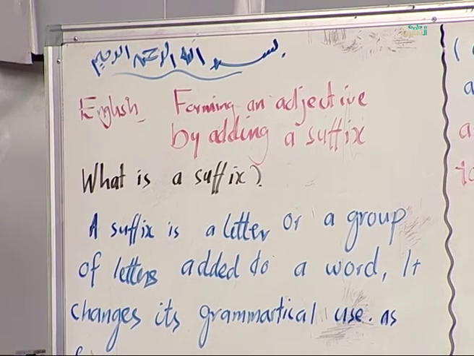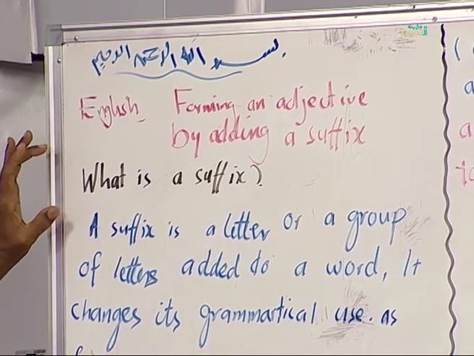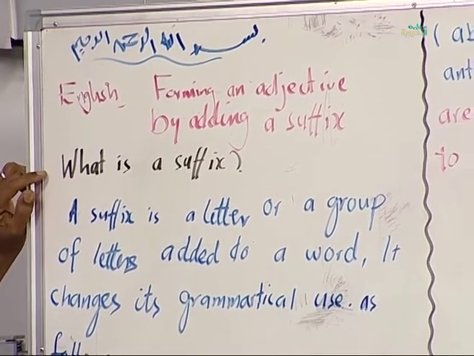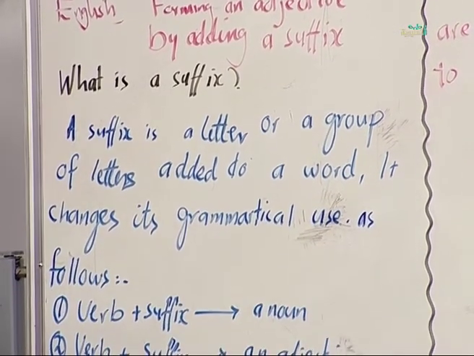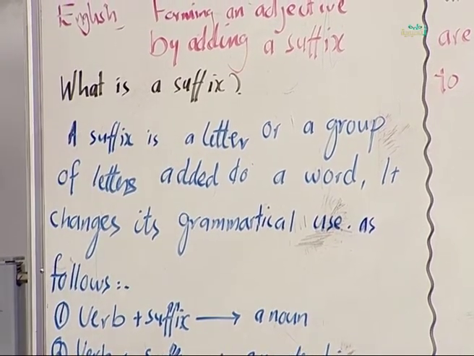Before we know how to form an adjective by adding a suffix, there is a very important question that we have to answer. The question is, what is a suffix?